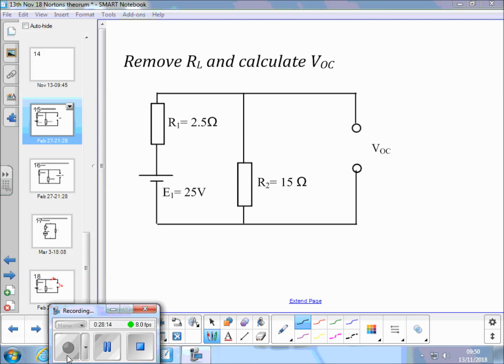So I'm going to, like I said, go through both methods, both the Thevenin's and Norton's, and show they both give the same answer. I'm going to start with the Thevenin's method. As we looked at last week, first thing to do is take out the load resistor and find the open circuit voltage.